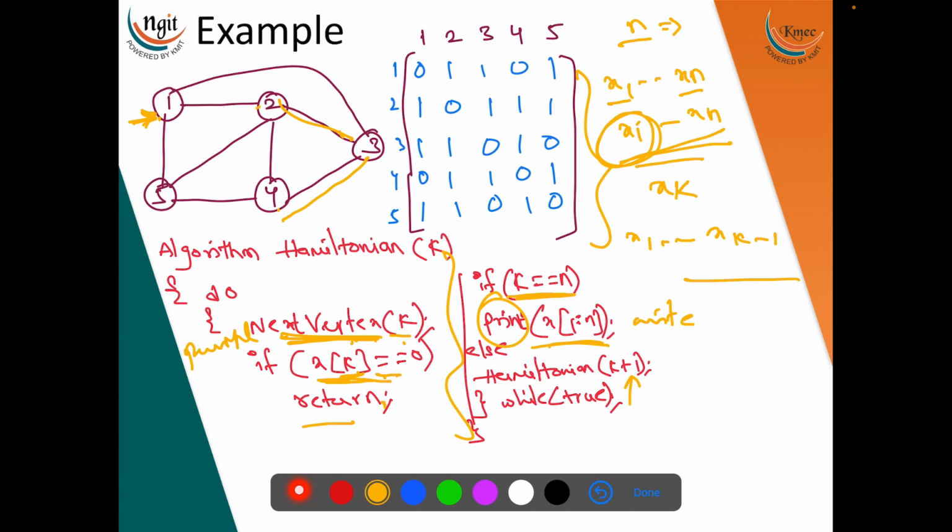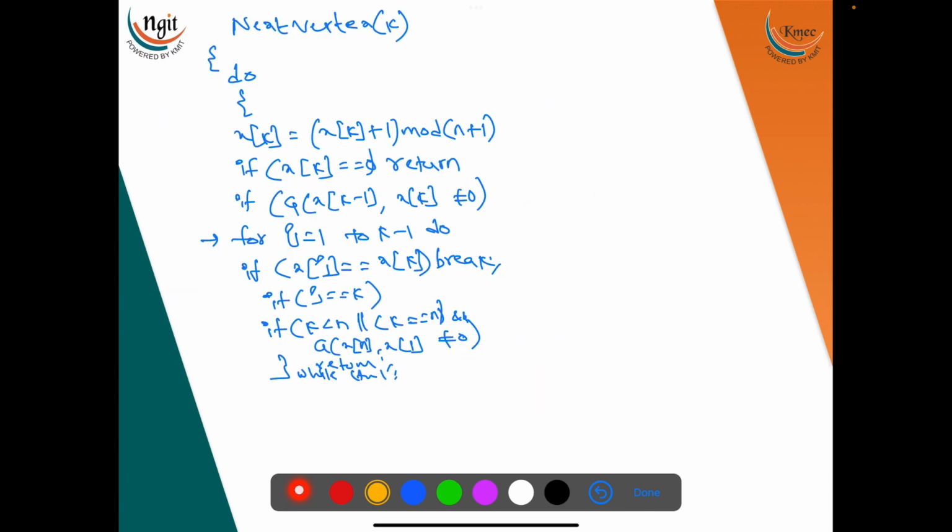So before you find the Hamiltonian cycle, you need to know the next vertex. For this, there is a next vertex function, and here I am writing an array x1 to k minus 1, which is a path of k minus 1 distinct vertices. If x of k equals 0, then no vertex has been assigned to x of k.